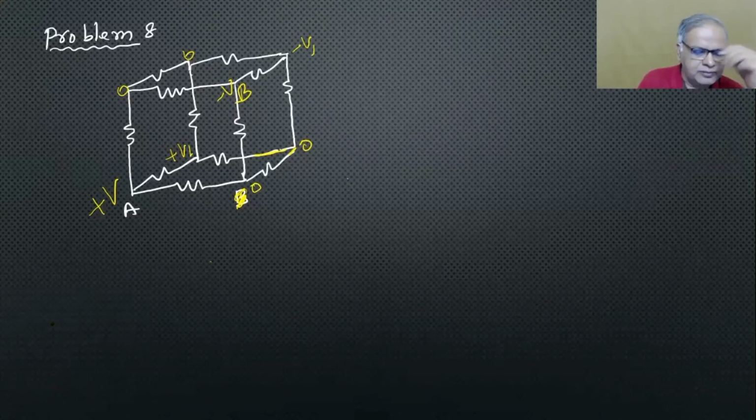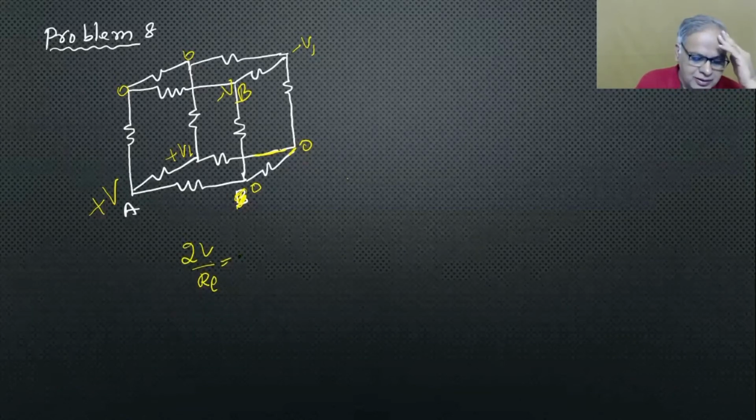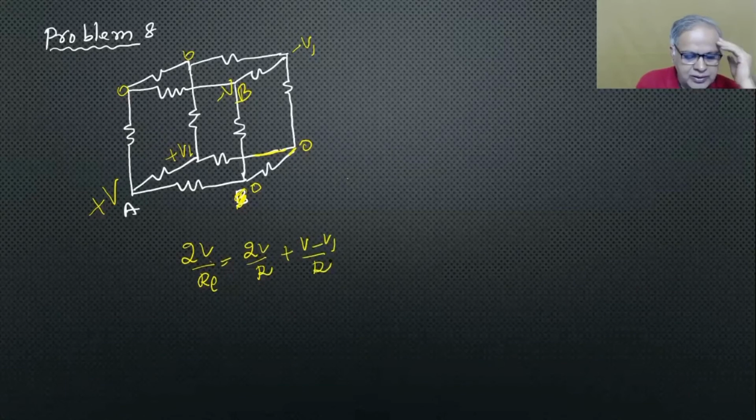So what should I write now? For the current, 2V by R effective equals, what should I write? 2V by R minus V1 by R, plus V minus V1 by R, and then some other point, V minus V1.